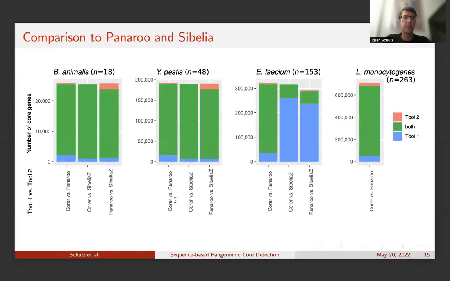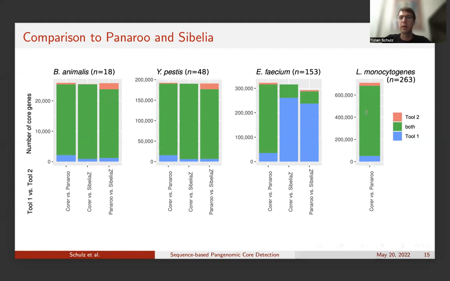And here is the result. So we see for each of the 4 data sets a pairwise comparison for all combinations of tools that we considered. And the blue surface represents the number of genes that were shared within the cores of both tools, whereas the red and the blue surface is the number of genes that were unique within the result of the respective tool. So for the first 2 data sets, we see that all the tools agree quite well. Most of the genes they predict are actually shared.